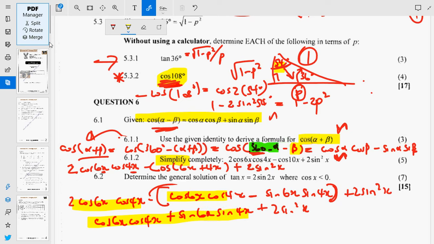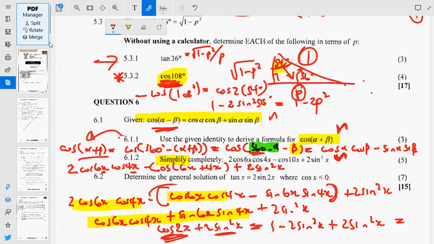That can be written as cos of 6x minus 4x, which is cos 2x, plus 2 sine squared x. Because I've got a sine, I'm going to write this as 1 minus 2 sine squared x plus 2 sine squared x, which is equal to 1. So that was a little bit of a tricky question.